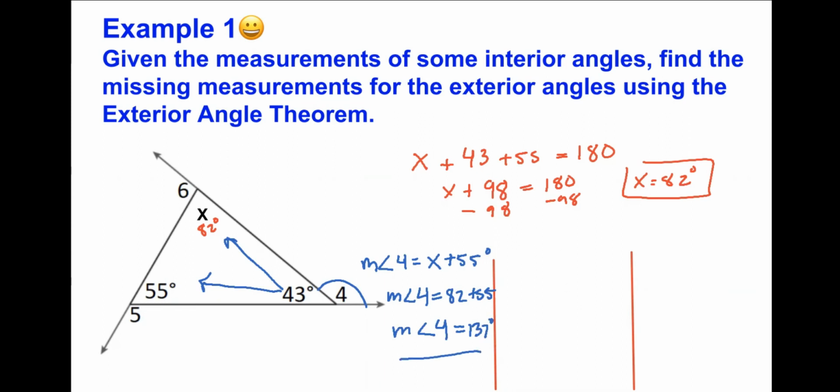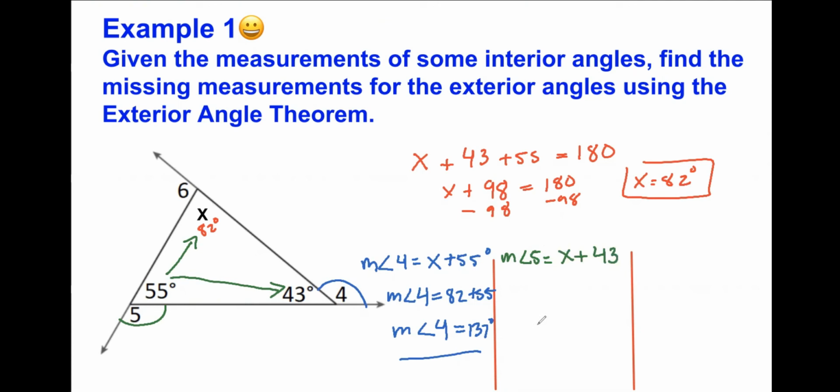Let's do the same now for angle 5. Let me do this one in green. So here's angle 5. Let me then identify its remote interior angles. There's two. Here is X again, and this time it's 43. So measurement of angle 5 equals X plus 43.